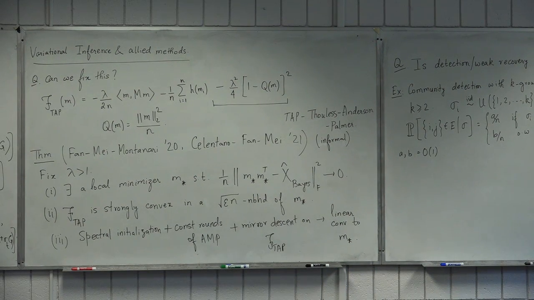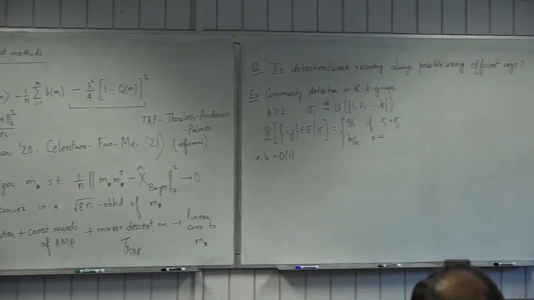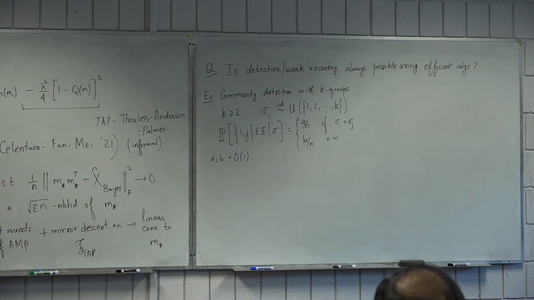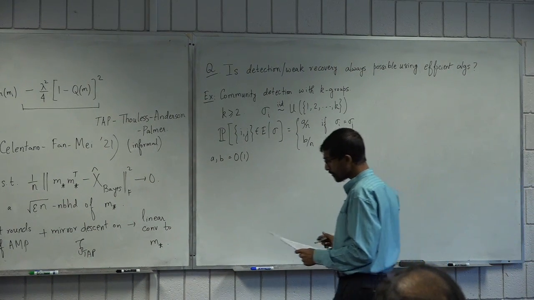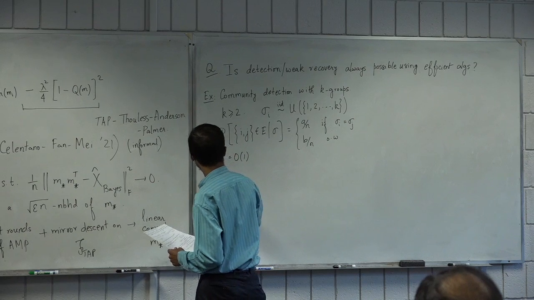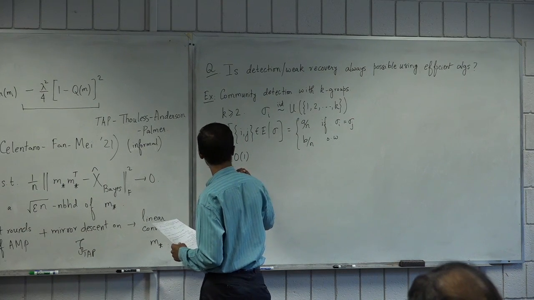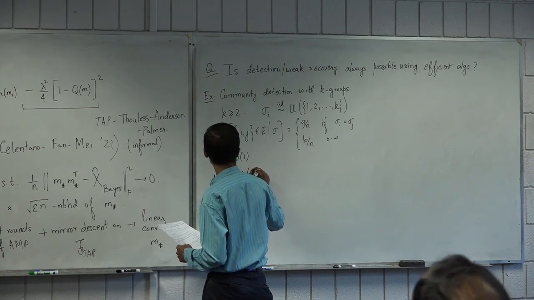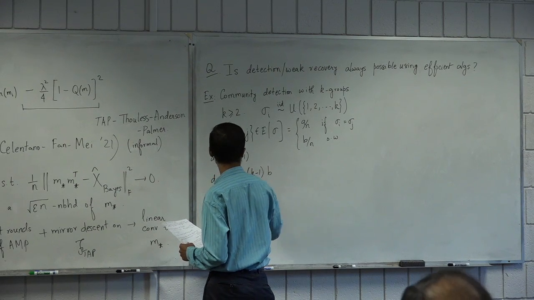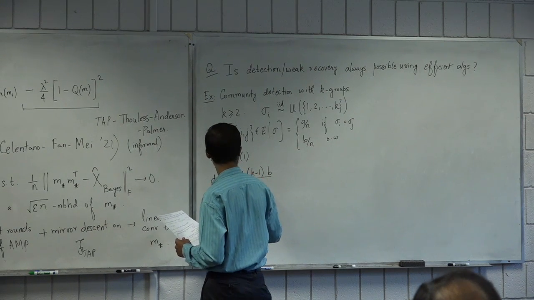This is exactly the problem we've seen so far if we fix K equals 2. So I'm just talking about a variant of this for higher K. Here, if I define the average degree, that's basically (A plus K minus 1 times B) over K.